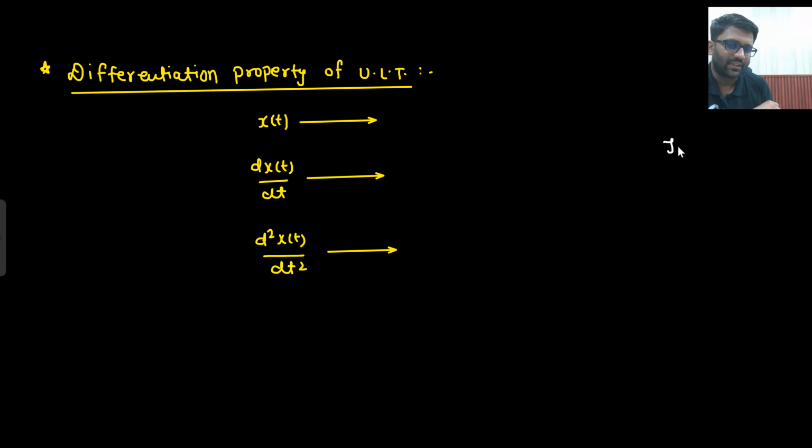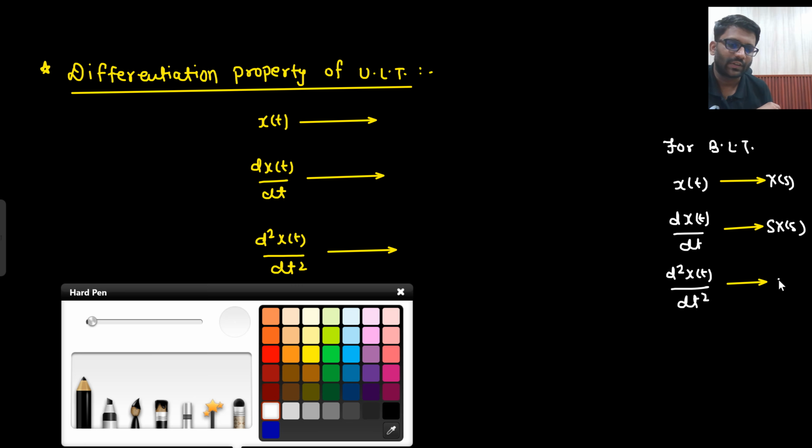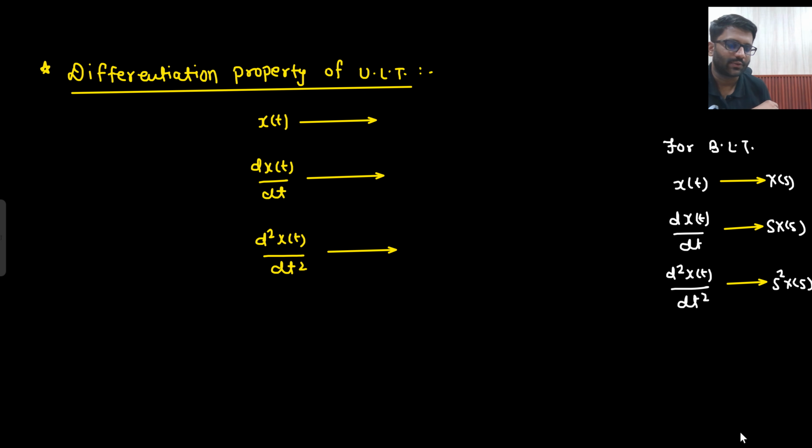If x(t) has X(s), then dx(t)/dt will have sX(s), d square x(t)/dt square will have s square X(s), and so on.